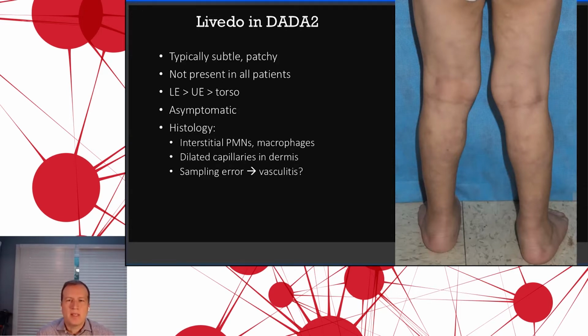So it is possible that we're not capturing vasculitis in most of our livedo patients because we're typically doing a relatively small punch biopsy. But what we've seen the vast majority of the time when we do biopsy these patients is an interstitial infiltrate of neutrophils and macrophages, as well as some dilated capillaries in the dermis. But again, how much of this is sampling error is something we could debate.